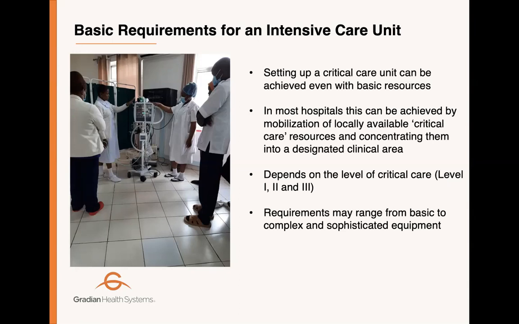You give at the level that you can, and when you realize your limitation, you think of plan B, which could be sending the patient to where a higher level of care can be given. So not being able to do what is done at the higher level should not be a restriction for us to set up an area where we can provide critical care.